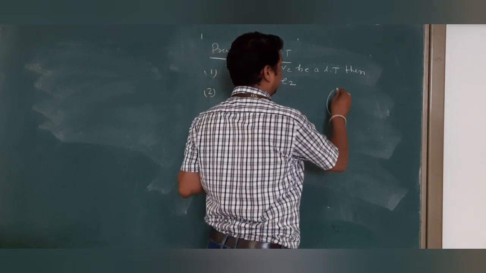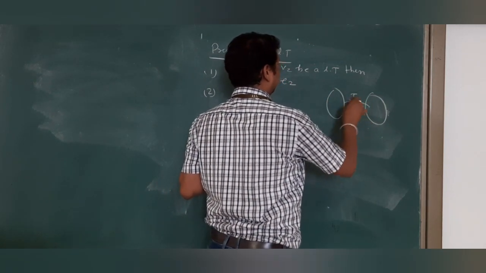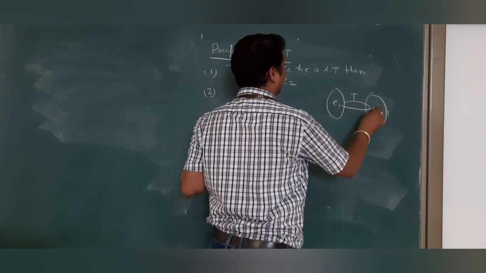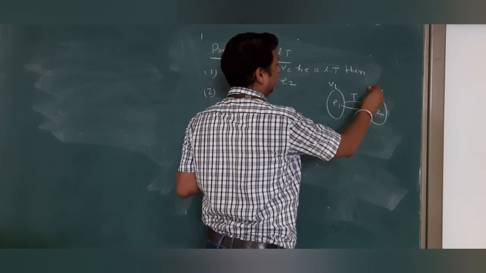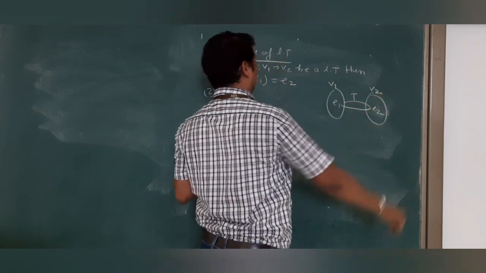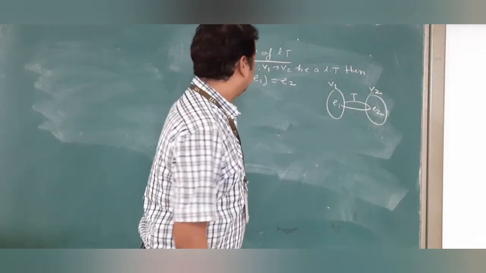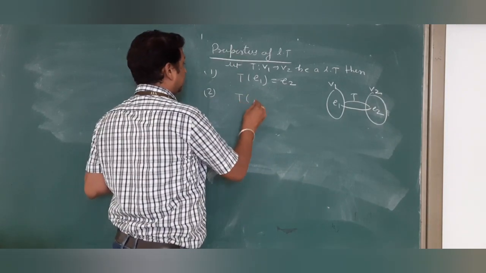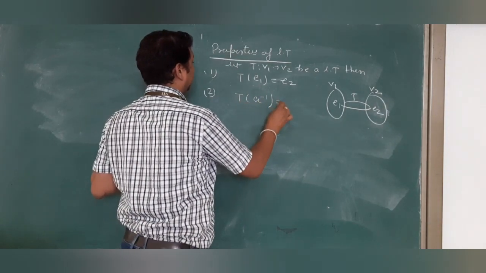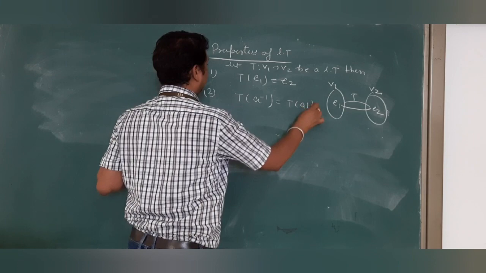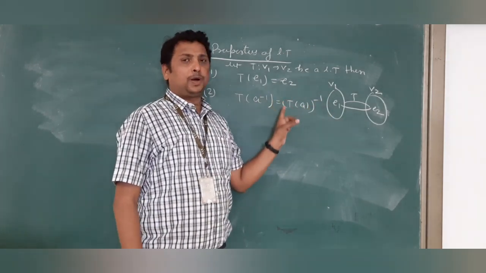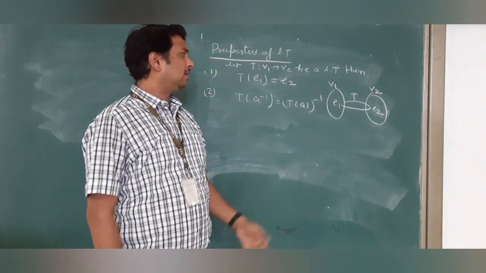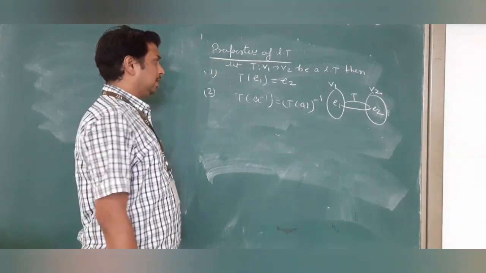Because both are vector spaces and T is a map, identity will go to identity only. So for V1 the identity we have taken is E1 and for V2 the identity we have taken is E2. And second, T of A inverse is equal to (TA) whole inverse. Both properties are very important. You can prove them easily if you want.